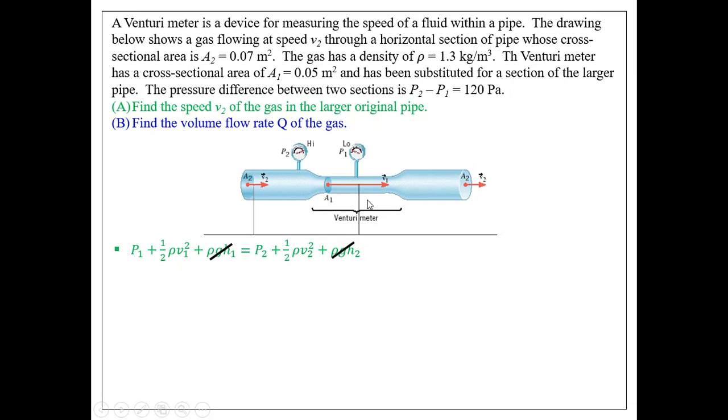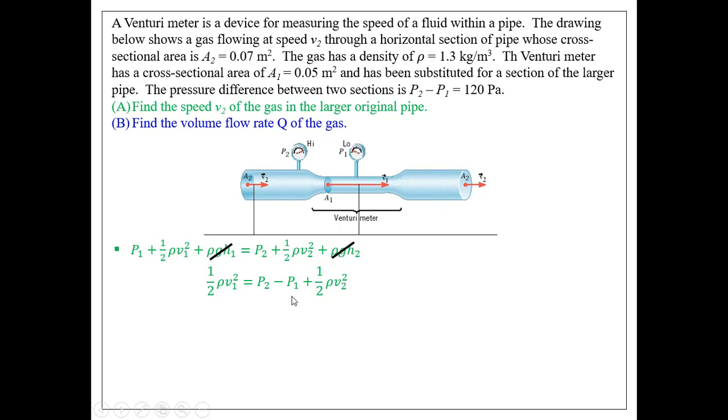Other than that, a key piece of information in the problem is that the difference in the pressure from left to right, P2 minus P1, is 120 Pascal. We need to keep that in mind. To find part A, to find V2, I'm going to simplify this. On the left side, I want to keep 1/2 rho V1 squared, except I'm going to move P1 to the right side.